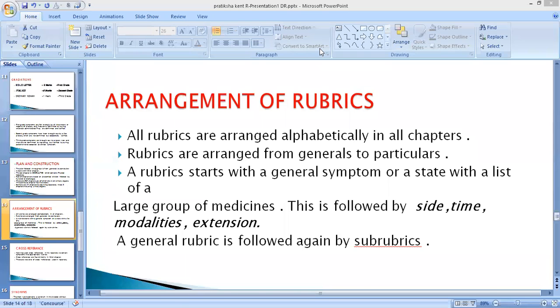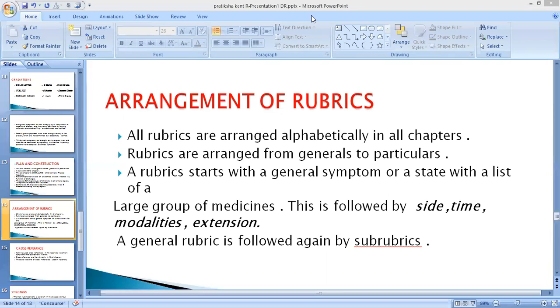So in section head we have the rubric pain, and in front of the rubric pain we find a large group of medicines. So this is the general symptom or general rubric in the repertory.